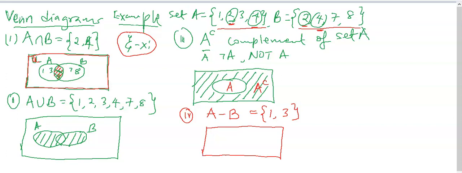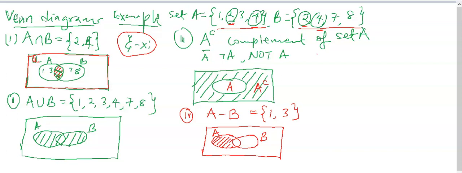On a Venn diagram, this will be the shaded part. The part that I'm going to shade is the set difference, the relative complement, or the elements that are only in set A.